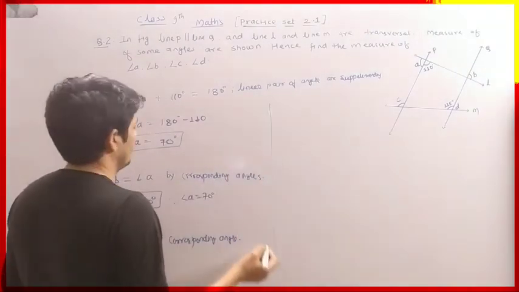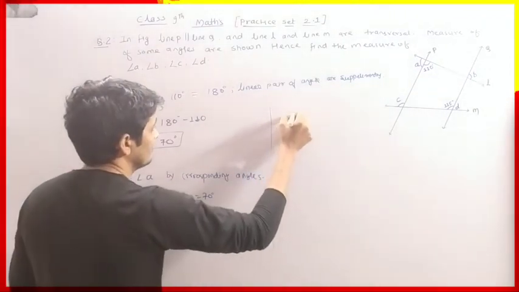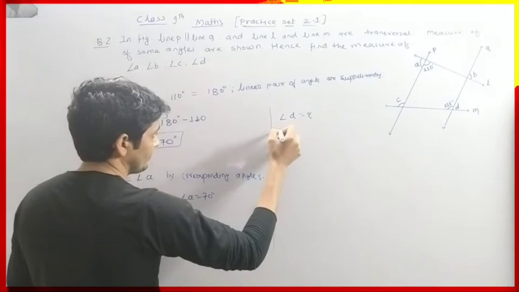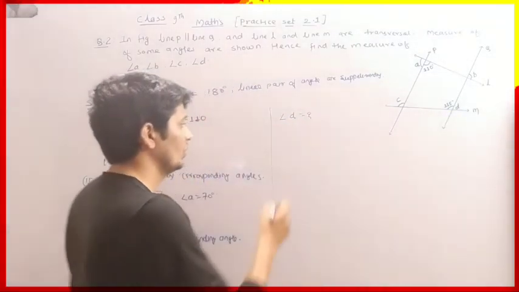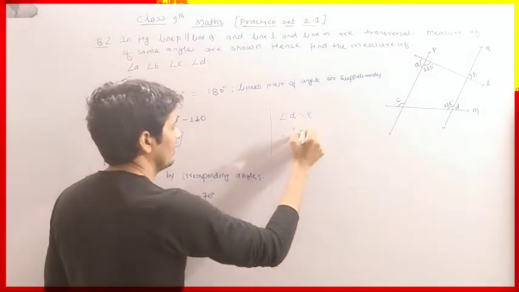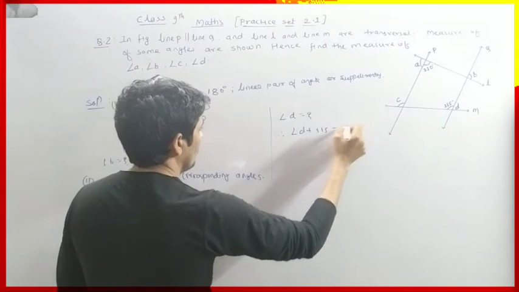Now fourth one, angle D. See, angle D, this one. So angle D plus 115 equals 180 degrees.